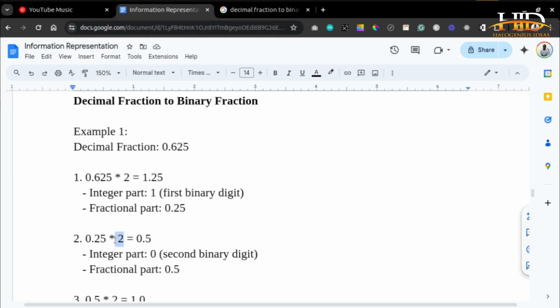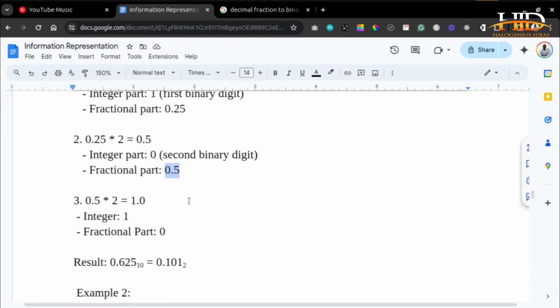So after multiplying by 2, I'll get 0.5. Now, this is the integer part, which is 0, then the fractional part is 0.5. This fractional part, I will multiply it by 2 again to get 1.0.